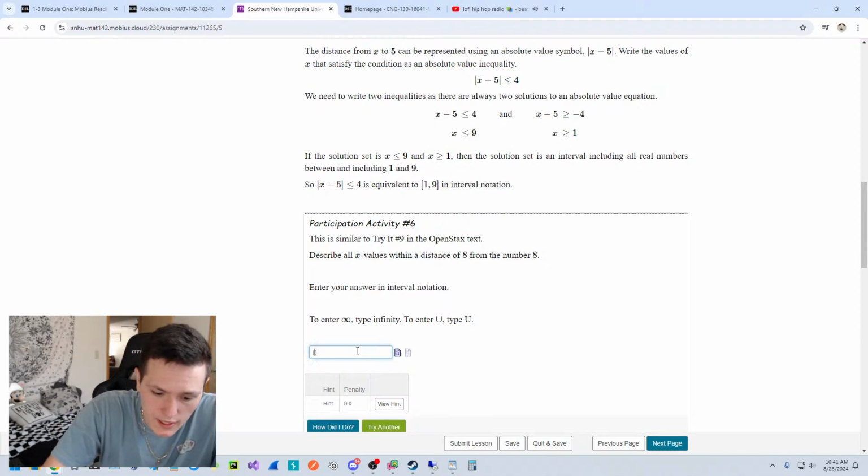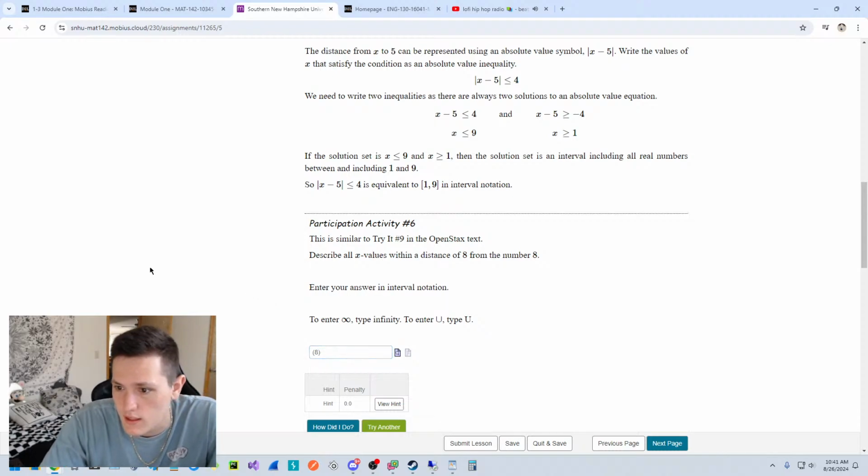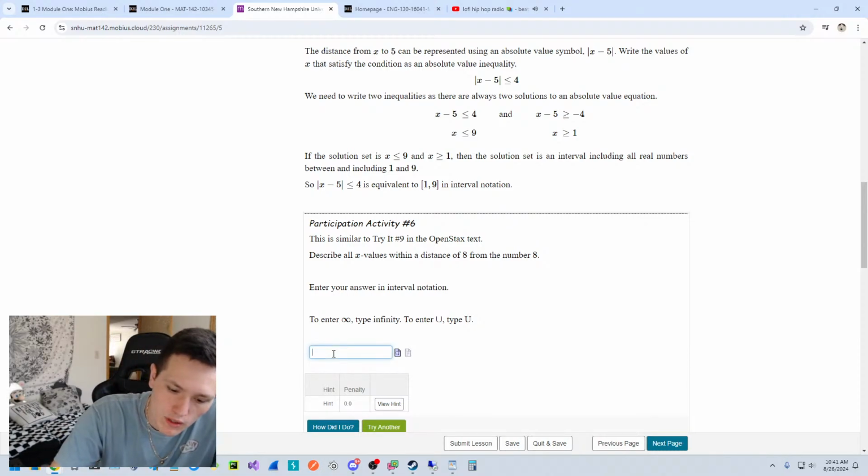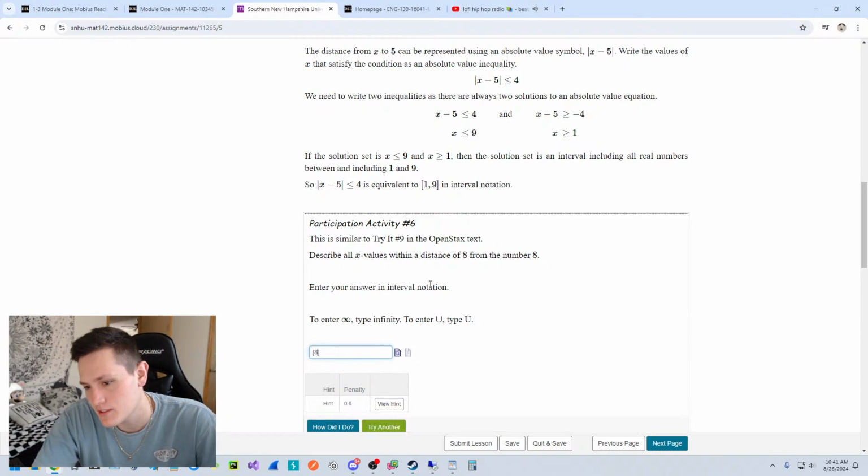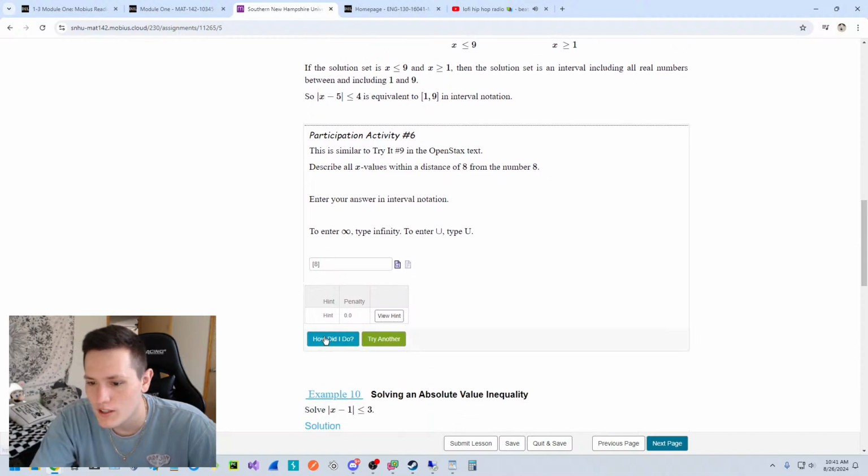But actually, it would have to be square bracket. I think square bracket 8. I don't know. This is confusing me because it's only giving me one number.